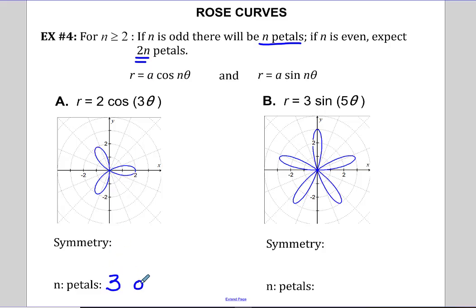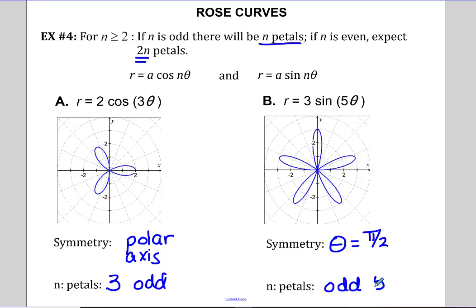So it's odd, and we have polar axis symmetry. In this case, we have pi over 2 symmetry, and the n value is odd, so we have 5 petals in that case.